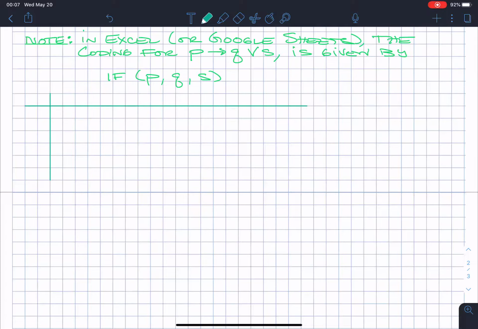So you're going to have like A, B, C, D for your columns, etc. And then your rows will be 1, 2, 3, etc. So you're going to have entries in each cell.